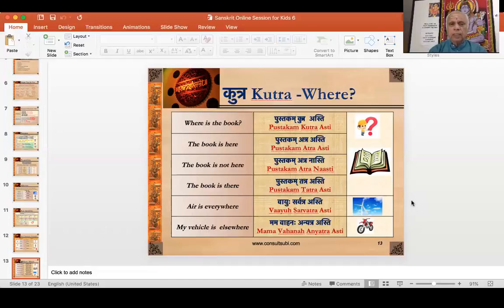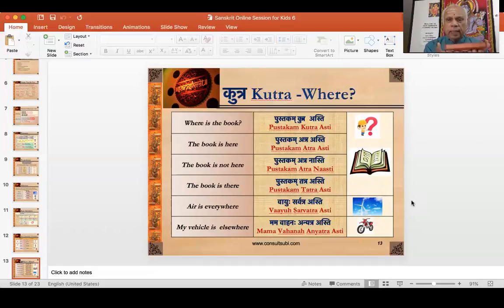Asti is. Pustakam kutra asti. So, where is the book? And if I were to say, the book is here, you say, Pustakam atra asti. Atra means here.